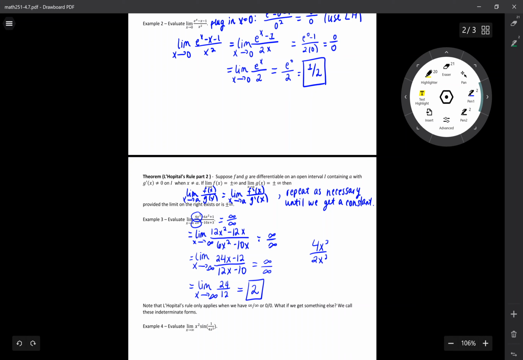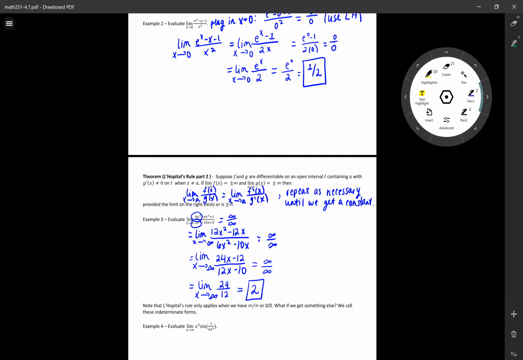Since I have the same exponent here, my end behavior is simply the ratio of the leading coefficient of the top divided by the leading coefficient of the bottom, which is 2. So this is just another way to get to that same point, the ratio of the leading coefficients. But we do get there using calculus. Yay, calculus.